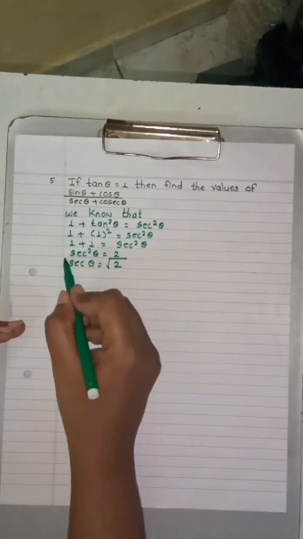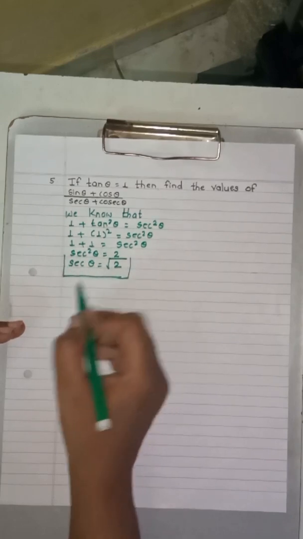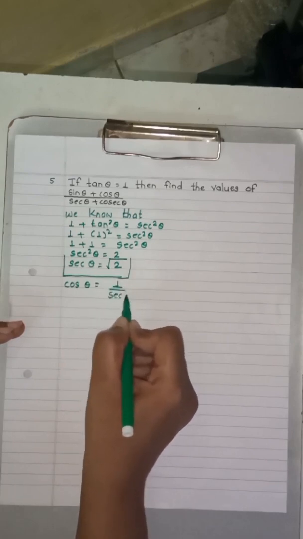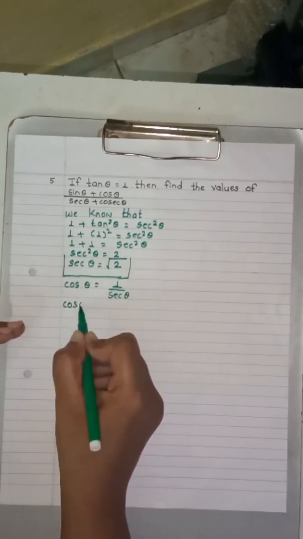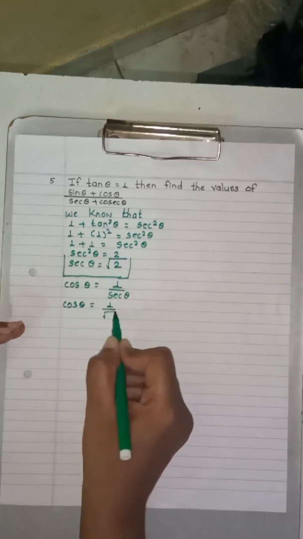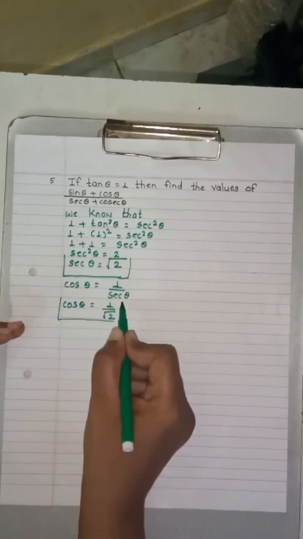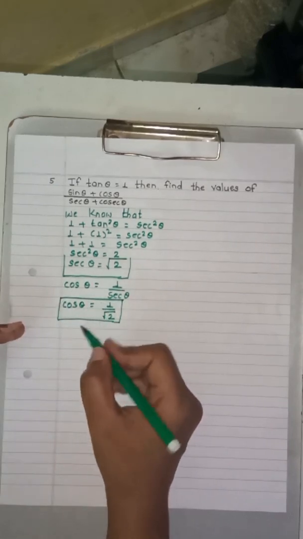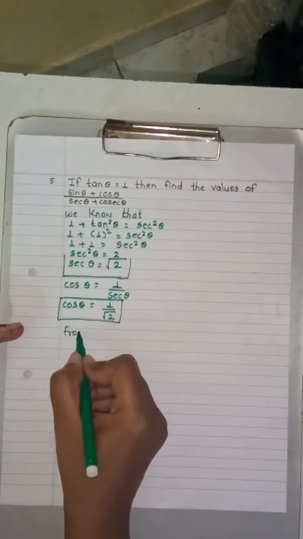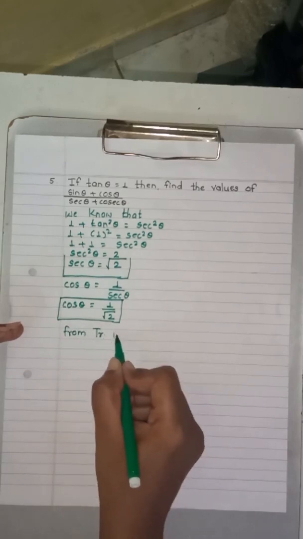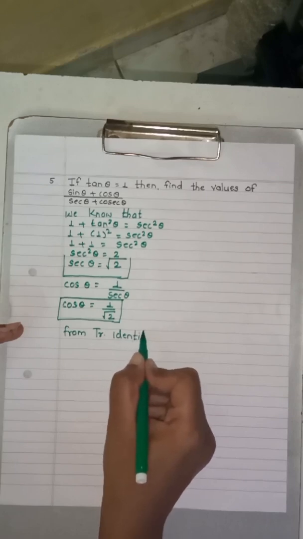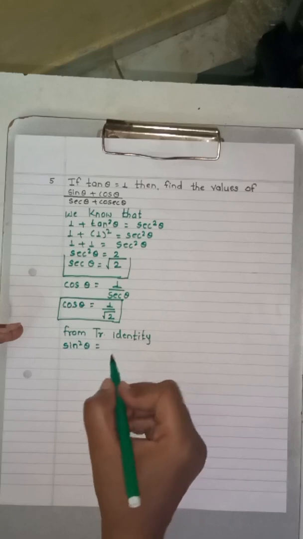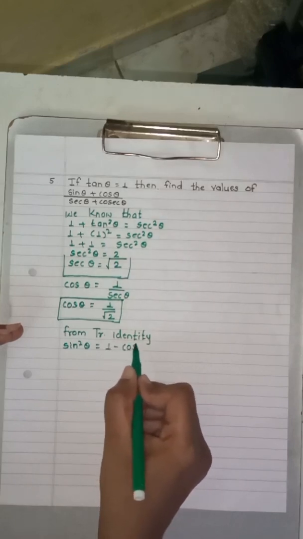Now cos theta. Now you have got the value of sec theta. After this we will find cos theta. Cos theta is equal to 1 upon sec theta. Therefore cos theta will be equal to 1 upon root 2. So we got the value of cos theta also. Now from trigonometric identity, you know that sin square theta is equal to 1 minus cos square theta.